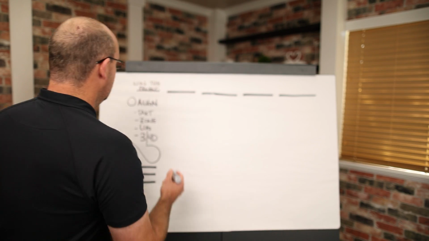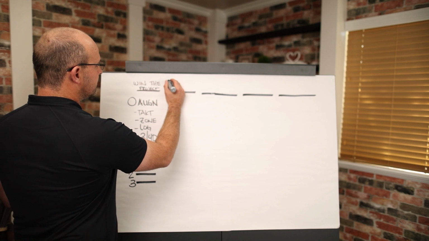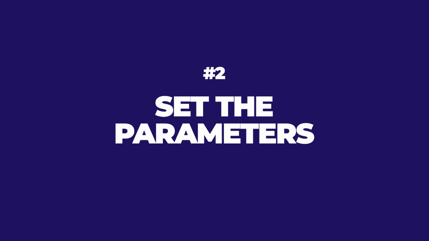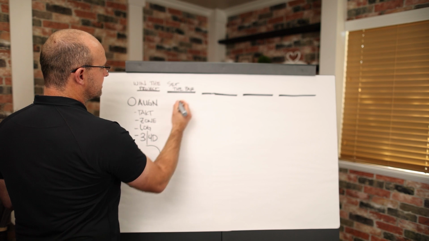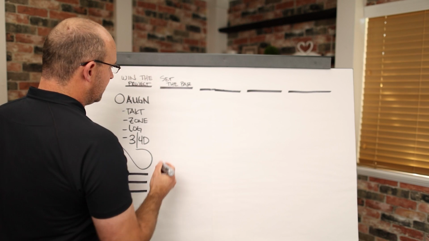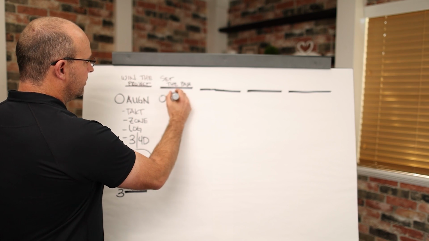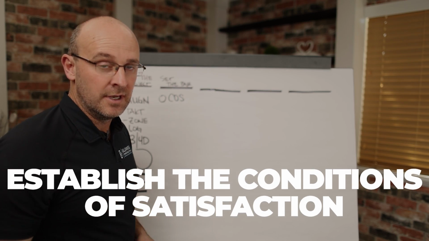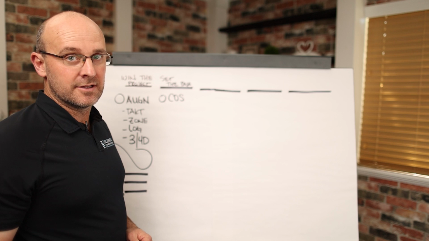The second one, the phase, once you have the project, this is what I call the set the parameters. So I'm just going to do PAR because that's parameters. Set the parameters, and what I mean by that is you're going to want to establish the conditions of satisfaction, meaning understand what that client really wants.